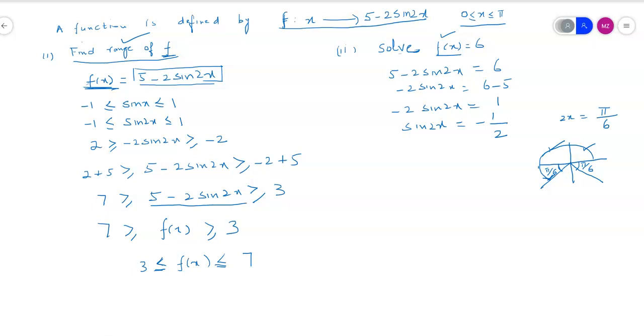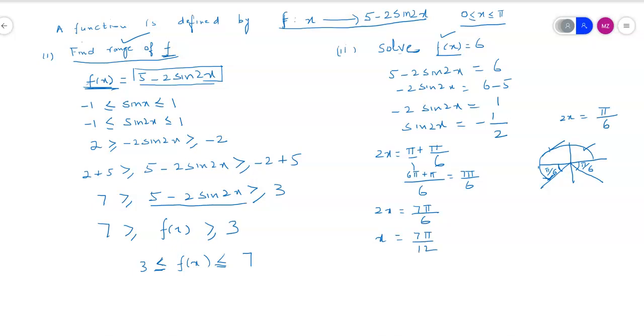So our angle 2x is pi plus pi over 6. By taking the LCM, we get 6 pi plus pi, which becomes 7 pi over 6. So 2x is 7 pi over 6, and x is 7 pi over 12.